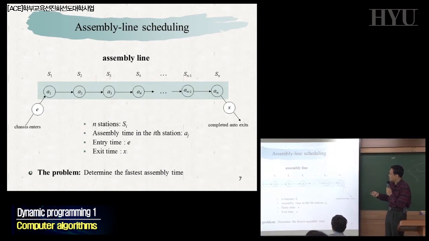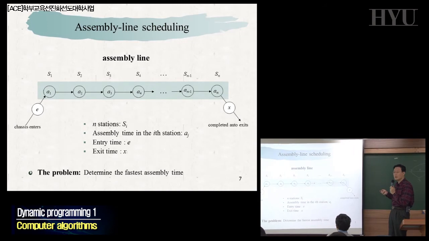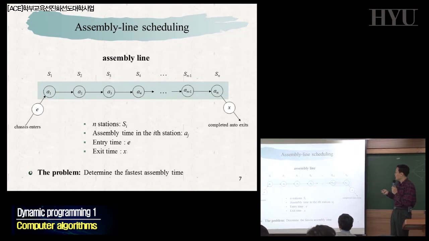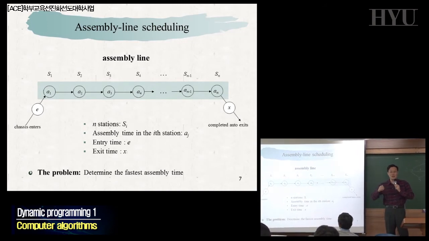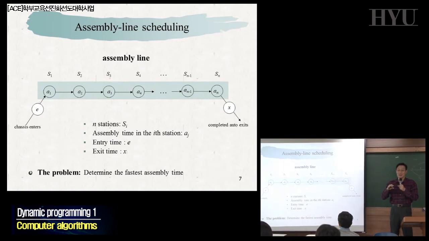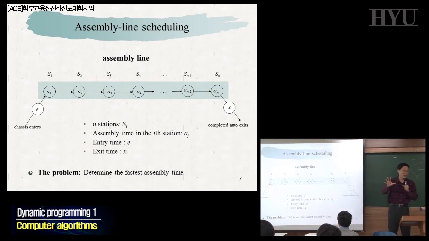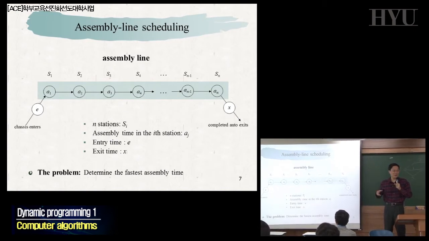In this case, there are n stations. Each station assembles some parts. In some station, workers attach doors to a chassis. And in some station, they paint. In some station, they assemble steering wheels. So, okay?